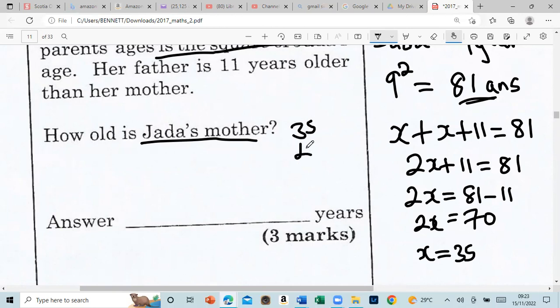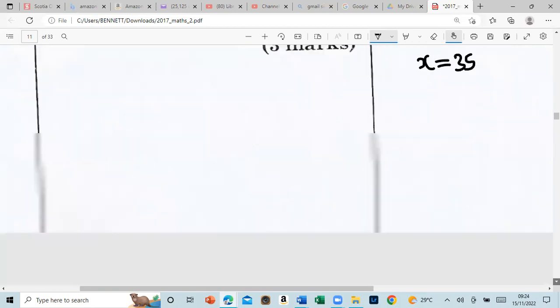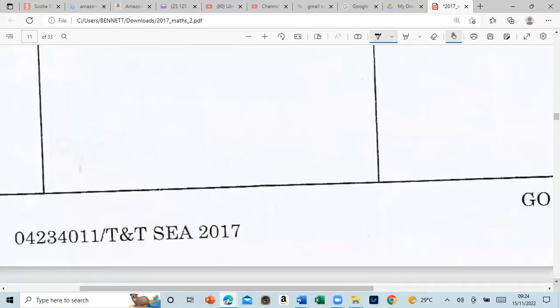Yeah, that's 46. 6 and 5, 11. Yeah, this makes sense, guys. So the answer is actually 35 because it asks for the mom's age. But I just checked it. Her dad will be 46, which is 11 years older, and both of them add up to 81. I don't understand the question up top. Somebody can shed light on it, please.